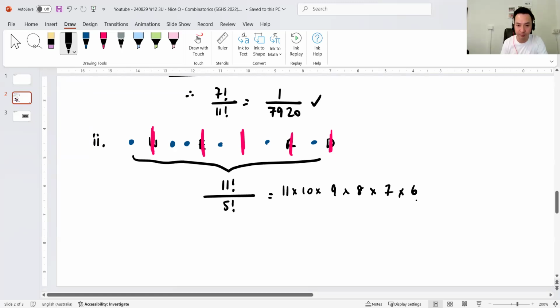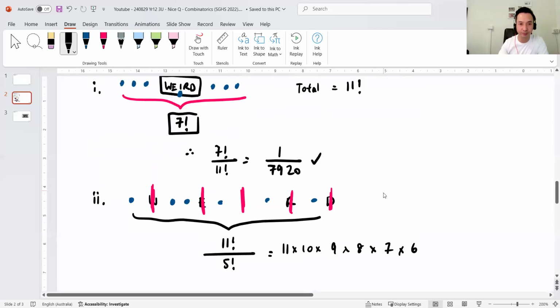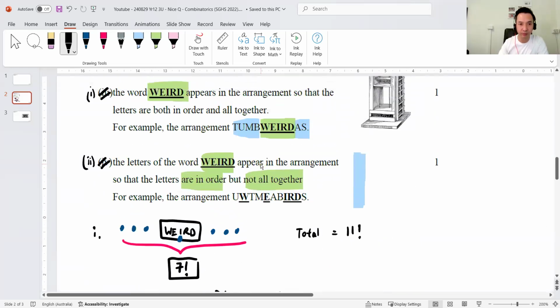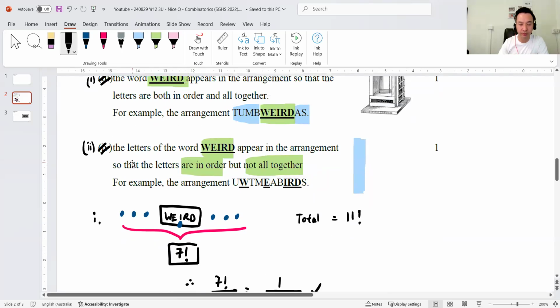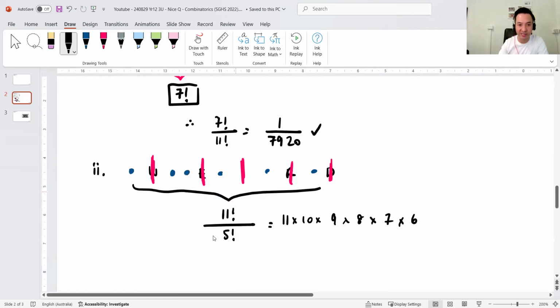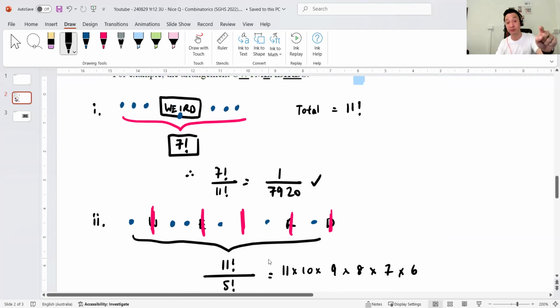But once you get that answer, 11 factorial on 5 factorial, the question says, yep, within that order, but not all together. So from this answer, you actually need to minus when they're all together, which is actually part 1, right?